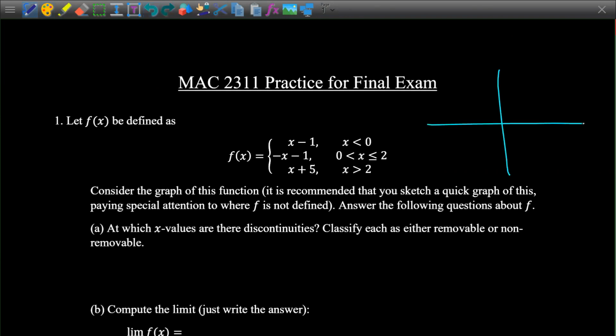And where the x values are negative, we have the equation x minus 1. So it has a y-intercept of -1, and it has a slope of +1.